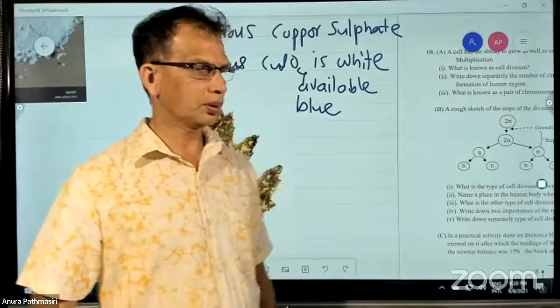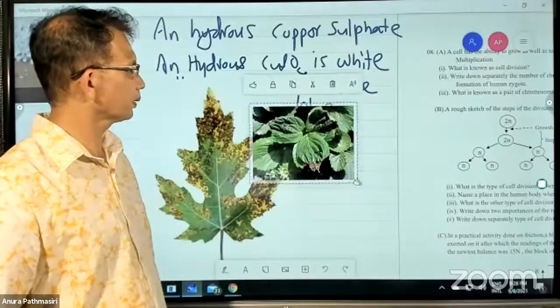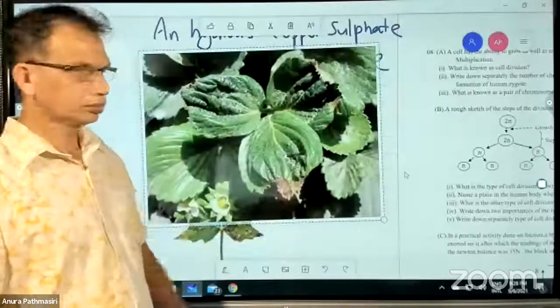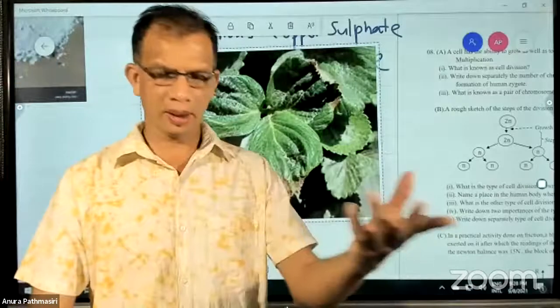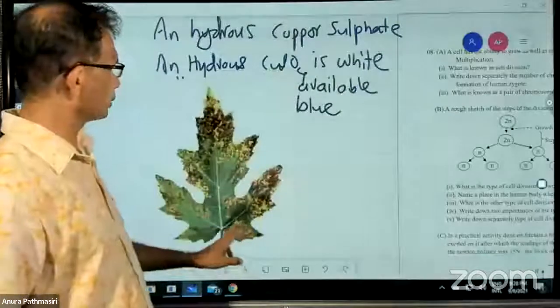So you have to give the immediate treatment. Look here, this might be perfect. Calcium deficiency: tips of the leaves are dying. Good. Going to the next one.